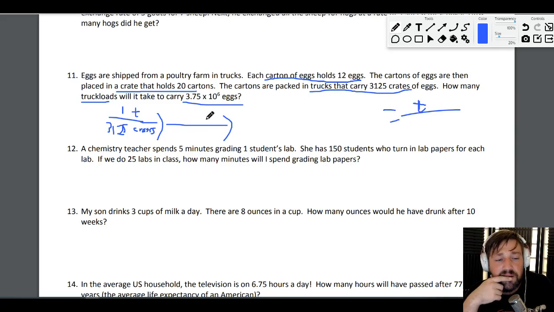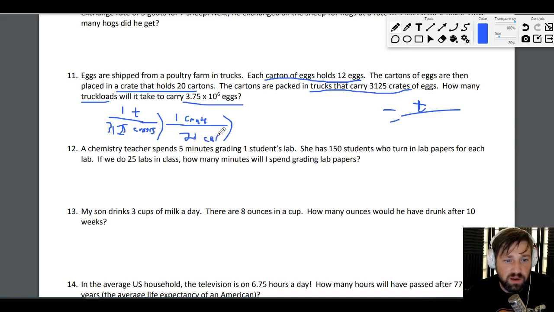Okay. And now we need to get rid of the crates. We know that 1 crate is 20 cartons, so 1 crate, 20 cartons. Just say cart. The crates cancel. Okay.